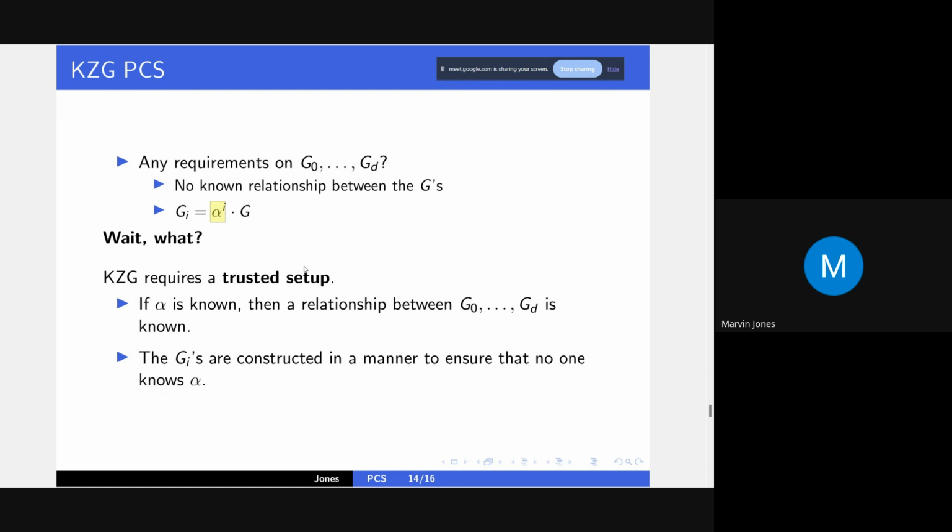To be honest, most of ZK is not post-quantum secure. Of course, you have stuff like Plonky that uses FRI, and those are post-quantum secure. Let me clarify: those are plausibly post-quantum secure.